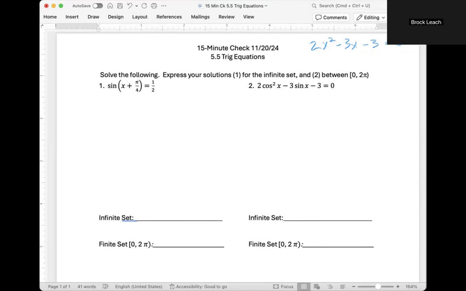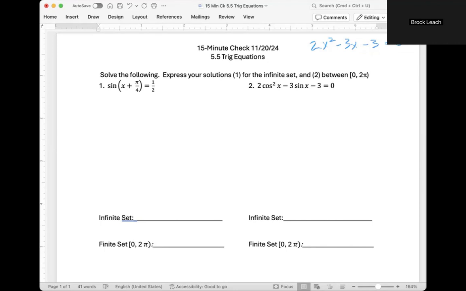Where we would need to factor this because of the squared being there. The one problem is that one of them is sine and the other is cosine. We're going to have trouble factoring when we have differing trig functions like that.